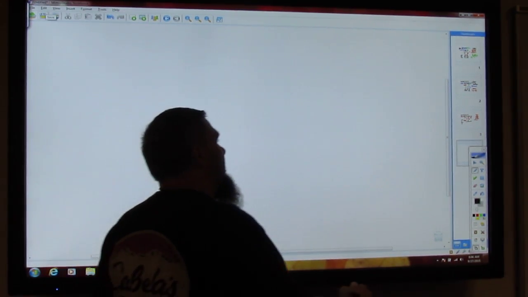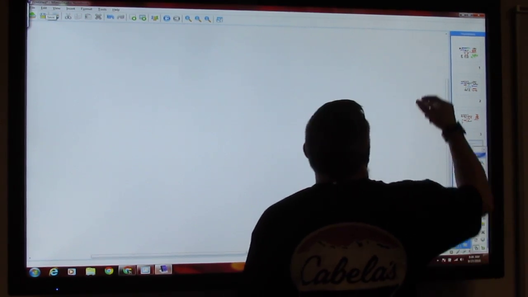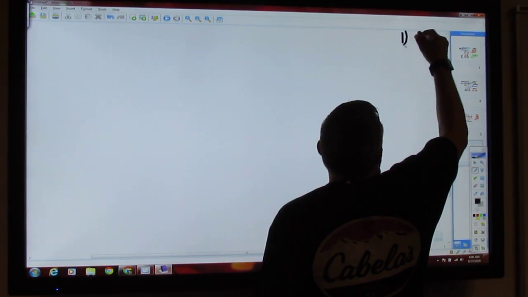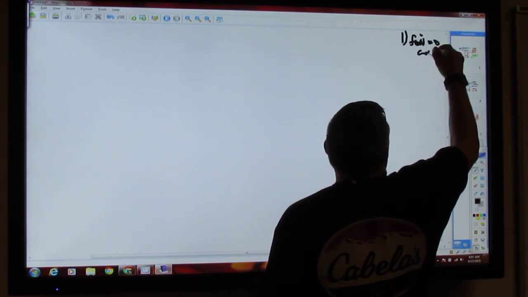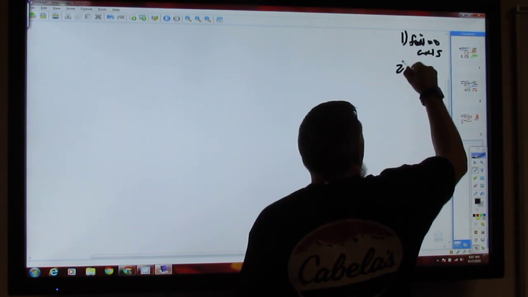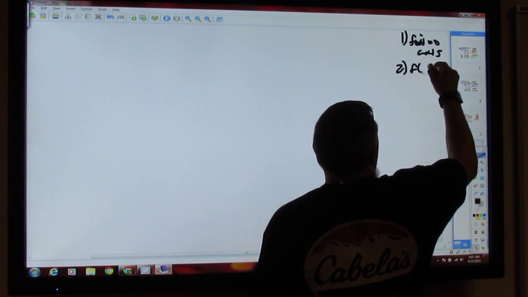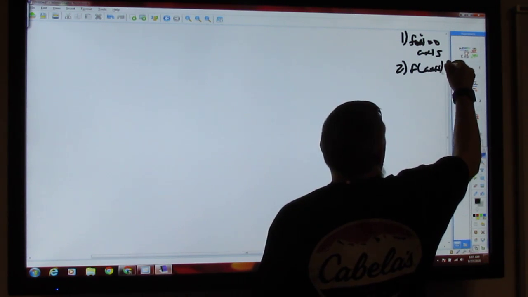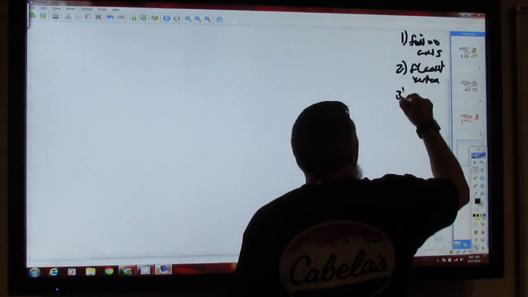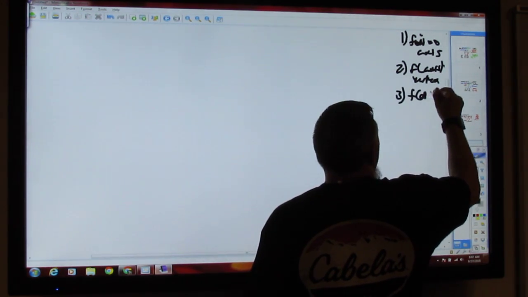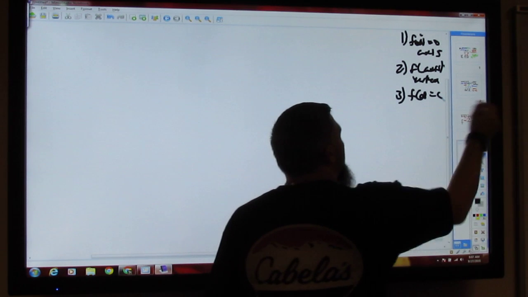Okay, step 4. Step 1 was f prime of x equal to 0, and that's the axis. Step 2 was f of the axis, which is the vertex. Step 3 is f of 0 equal to c. So what's step 4?